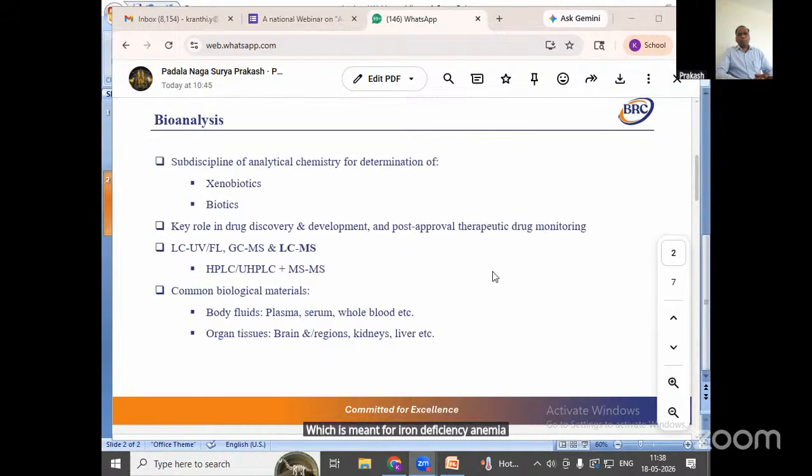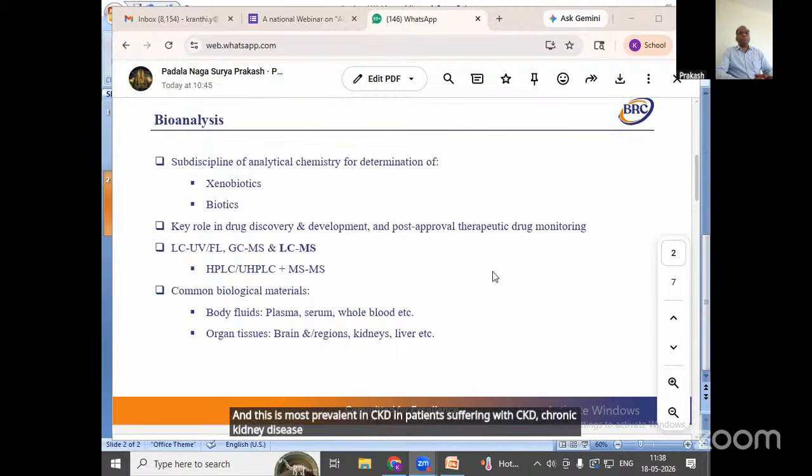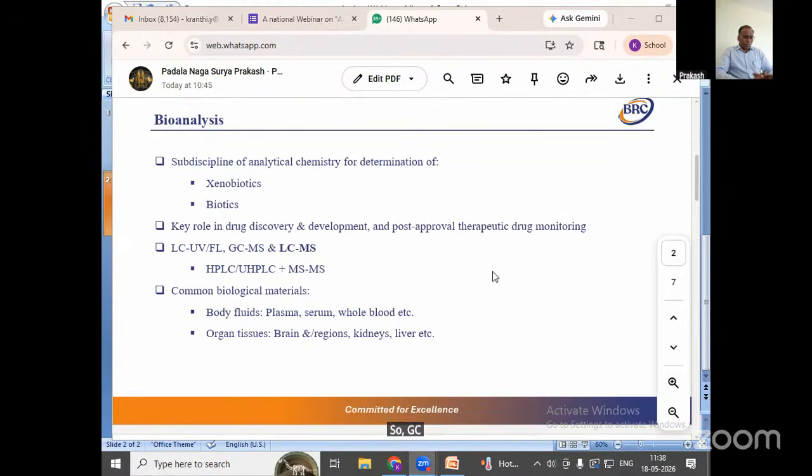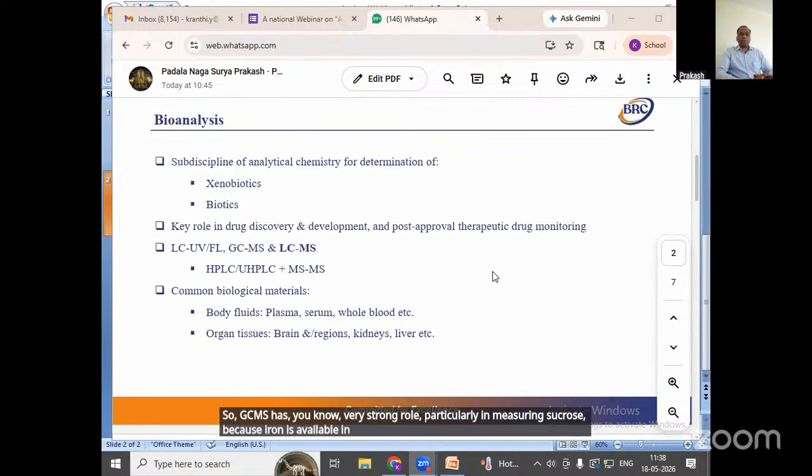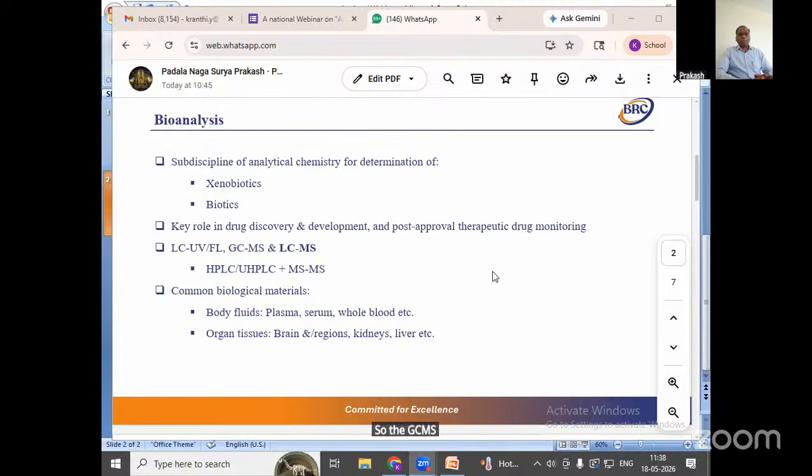This is most prevalent in patients suffering with CKD, chronic kidney disease, or in patients who don't have the ability to absorb iron which is available in the bloodstream. So GCMS has a very strong role, particularly in measuring sucrose, because iron is available in two different forms, ferric and ferrous form, and sucrose is available as sucrose only. So GCMS has equally got its importance when it comes to bioanalysis.